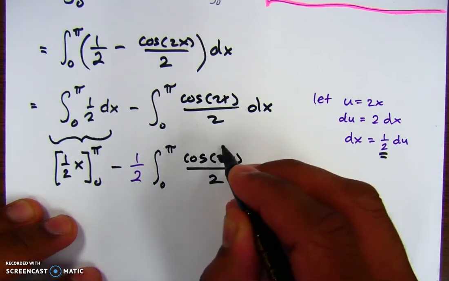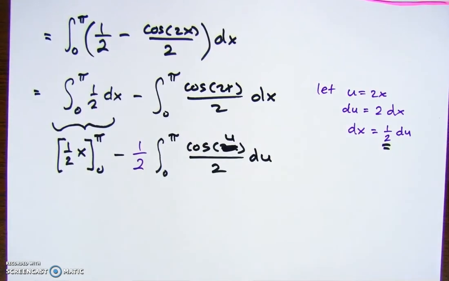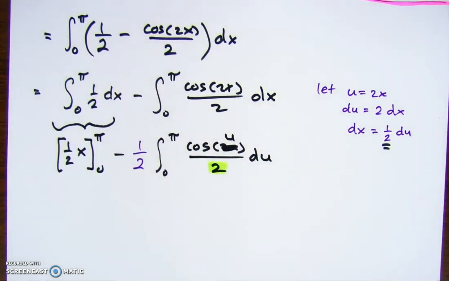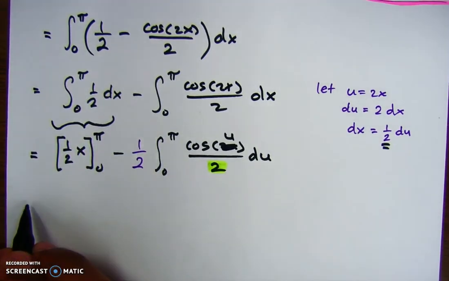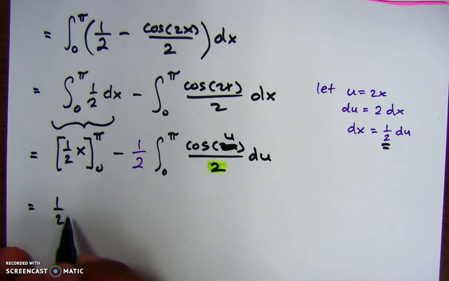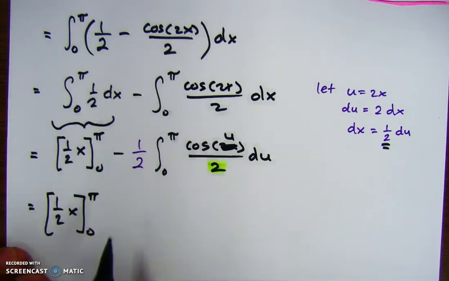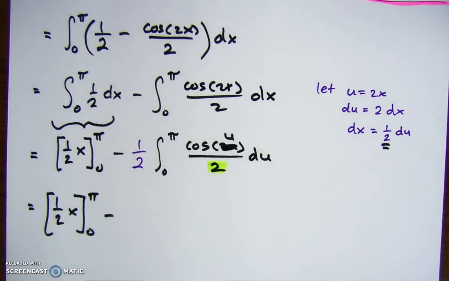This is now u. That's cosine of u. Now over 2, this can come out as a 1/2. And technically I can start computing this part, but I'm going to wait until I have it all.